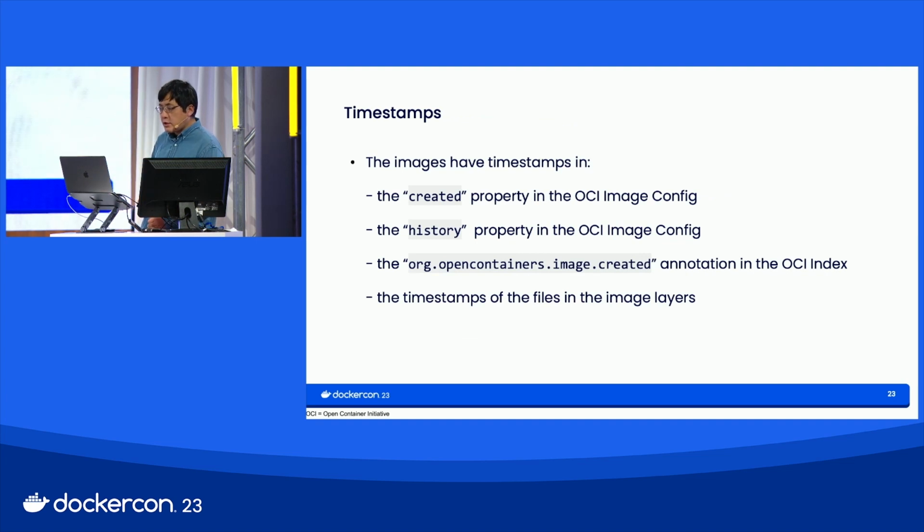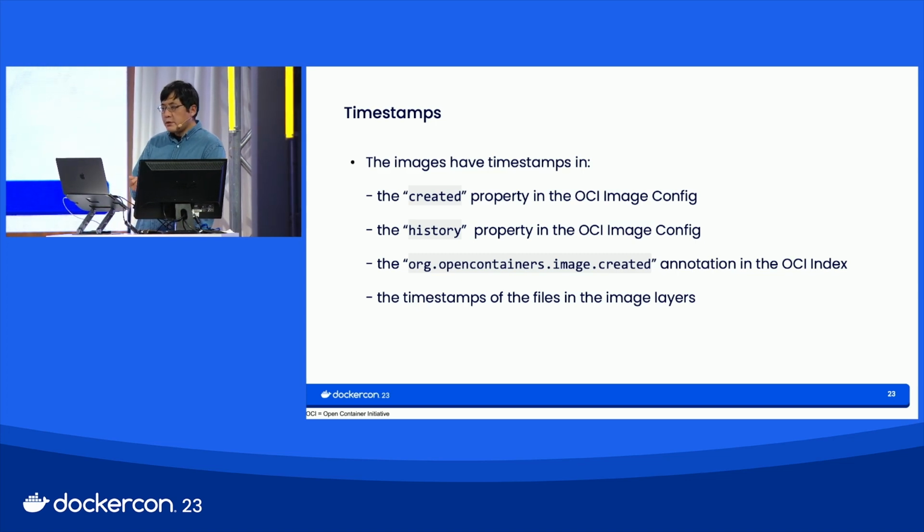So let's take a closer look at the timestamps. We have timestamps in OCI metadata and image layers, such as the created property in the OCI image config that is shown in the docker image ls command, and the history property that is shown in the docker image history command.